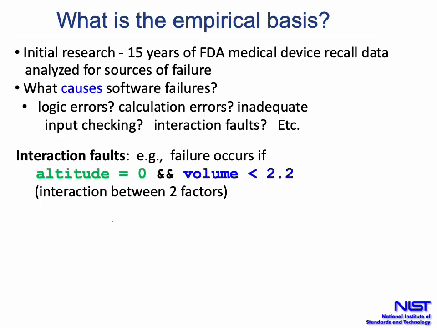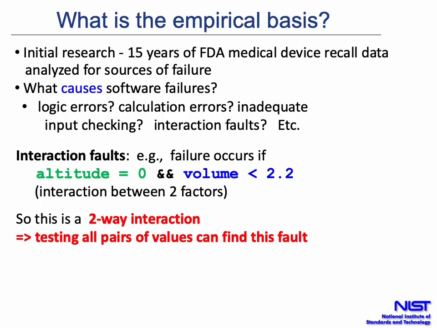So this is an interaction between two factors. What that means is that a failure occurs if both of these factors are true, not if either of them. They both have to be true for the failure to occur. So that's what we will call a two-way interaction. And of course, if you test all pairs of values, you should be able to find this fault.